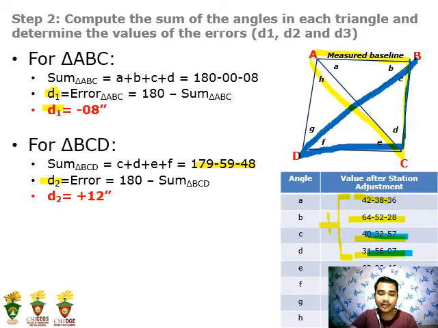So we have an error of positive 12 seconds, and we're going to denote that as D2.